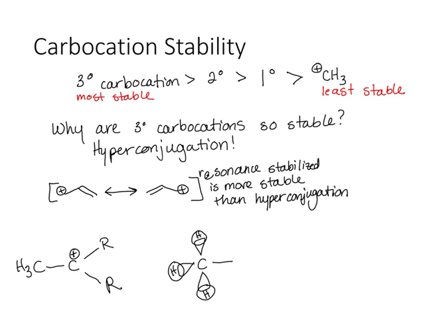And then we have our positive carbon next to that. And because it's positive, that means it has an empty p orbital. So what is interesting is that these sp3 lobes are partially aligned with the p orbital.